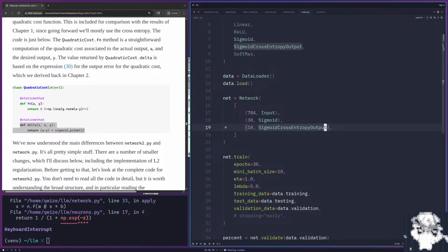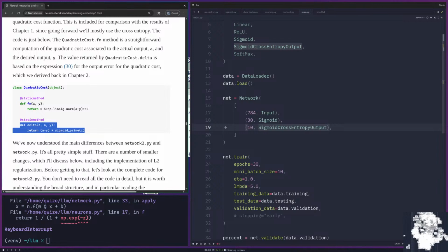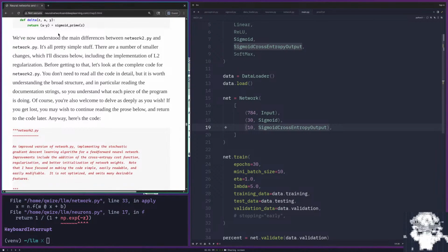Anyway, yeah, the issue is he's not separating the fact that it's a quadratic cost from the fact that it's sigmoids on the output layer. Which is why I've combined those two things together. Okay, we've understood everything.